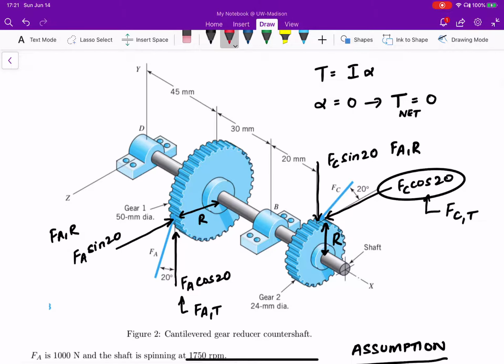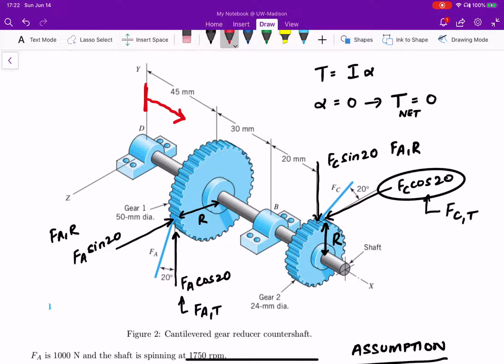As I move from the origin along the x-axis, I notice there are points where the shaft is spinning freely and points where it's actually being twisted due to torques on either side. Like I said earlier, these are self-aligning bearings, and they allow the shaft to spin freely about the x-axis.